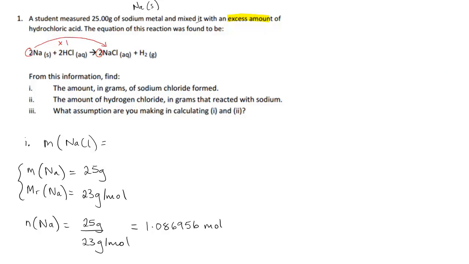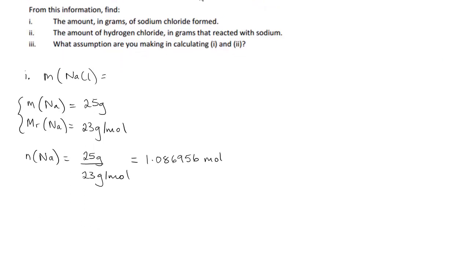We don't really need to do anything in terms of the ratios. The mole of sodium chloride is identical to the mole of sodium, so it's equal to 1.086956.